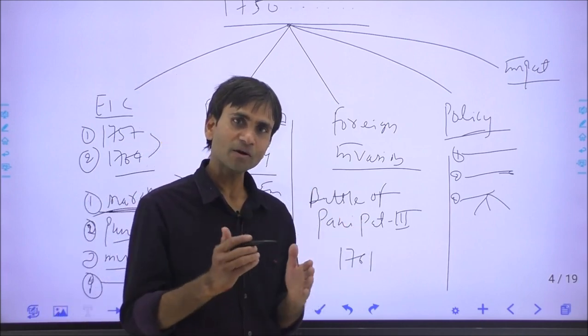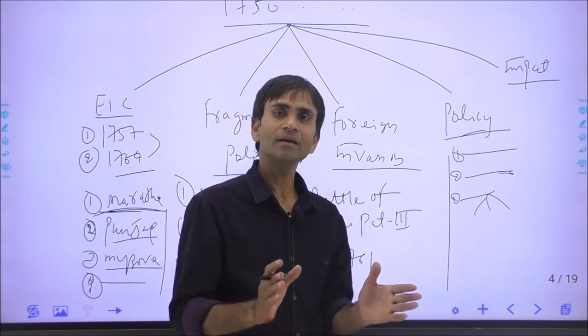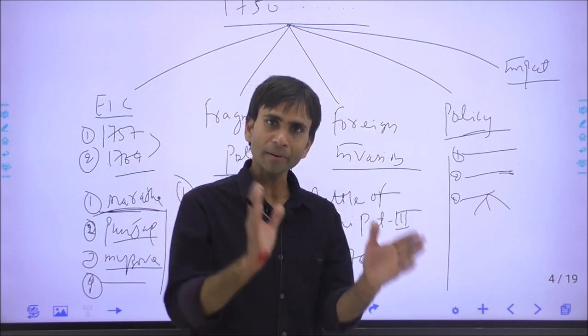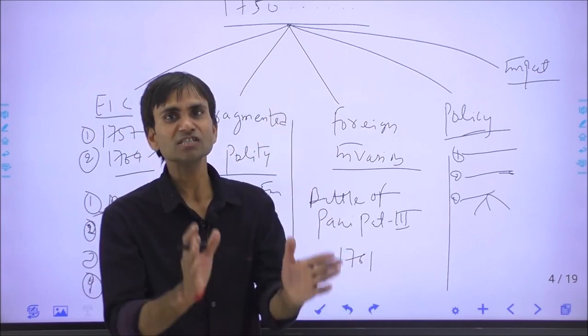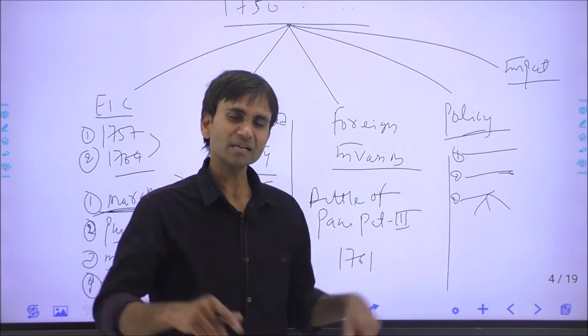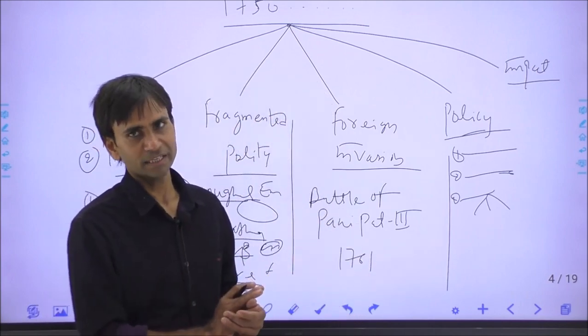In the agriculture policy, they introduced three kinds of land tenure systems: the Zamindari system or Permanent Settlement in the Bengal province. What were the main implications of this system? The Mahalwari system in central India and the Ryotwari system in the Madras and Bombay presidencies.